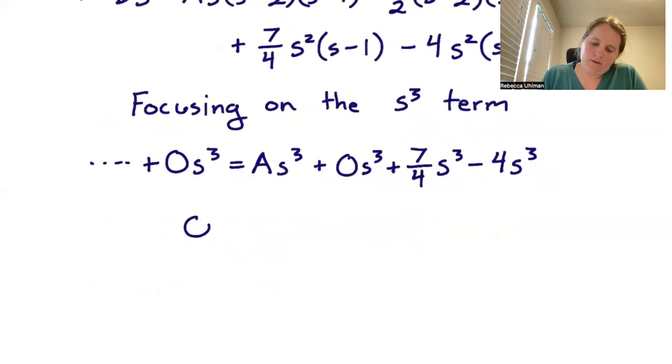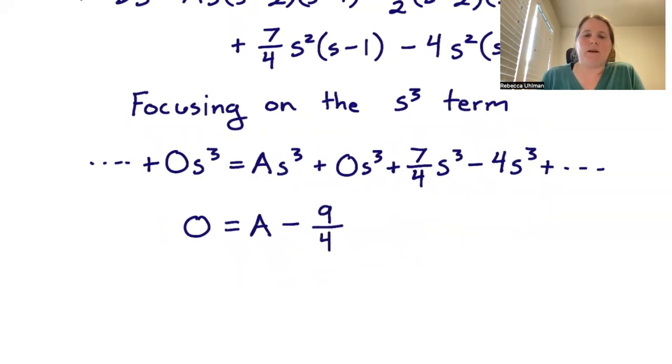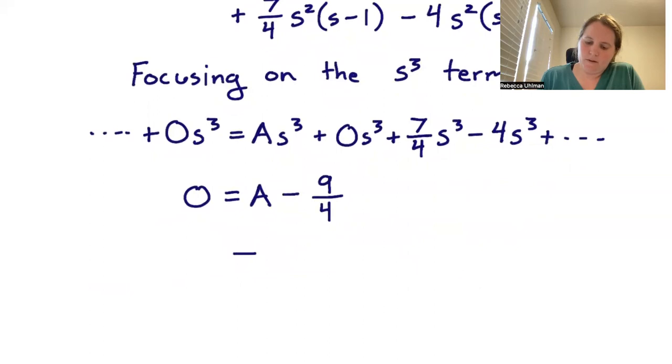So we have 0 and then plus a bunch of other stuff. So we have 0 should be equal to a, and then we have minus 4 plus 7/4. So that would be minus 9/4. So 0 is equal to a minus 9/4. We therefore get that our a should be equal to 9/4.